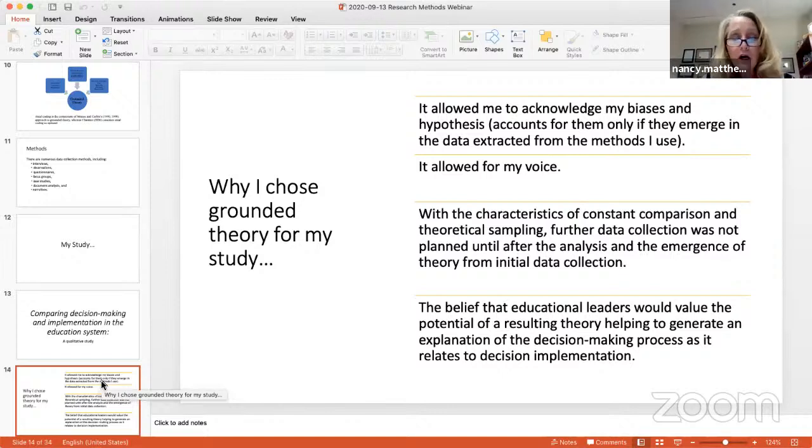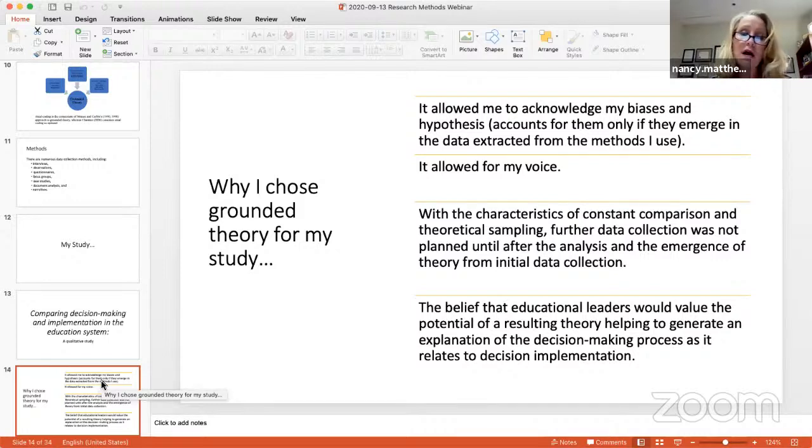Also with grounded theory, I appreciated that with the characteristics of constant comparison and theoretical sampling that I mentioned earlier, further data collection is not planned until after the analysis and the emergence of theory from the initial data collection.